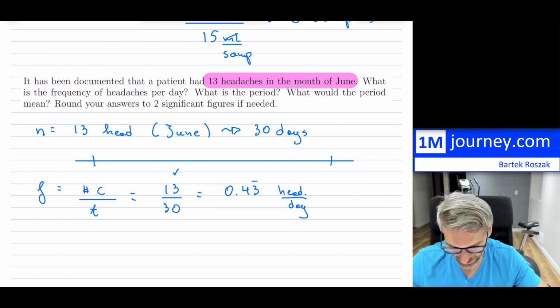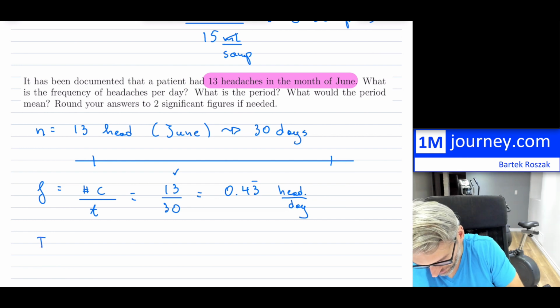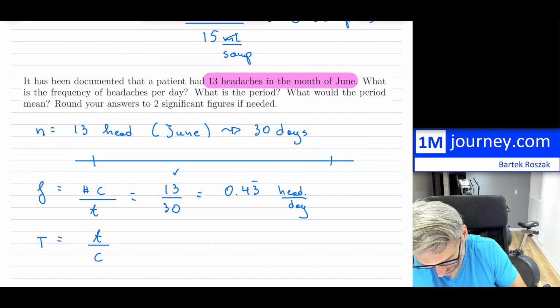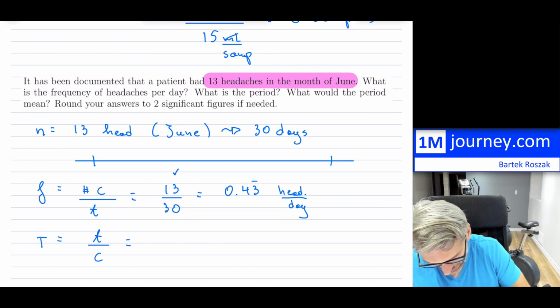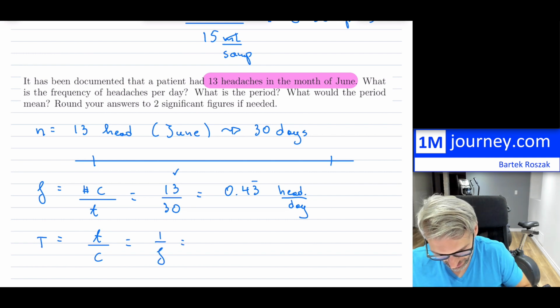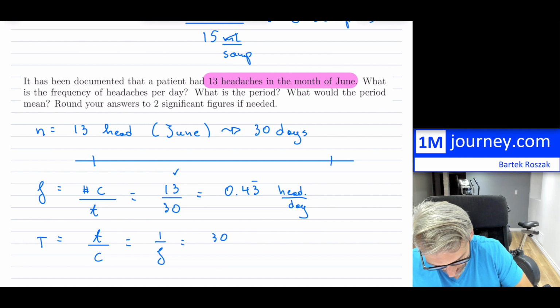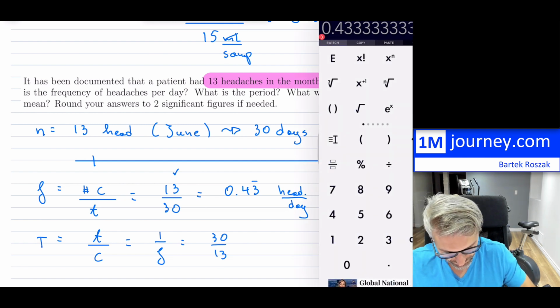Now, what is the period? Well, period is the time divided by the number of cycles, or the number of repetitions that we have, or it's simply equal to 1 over the frequency. So this is just 30 over this.